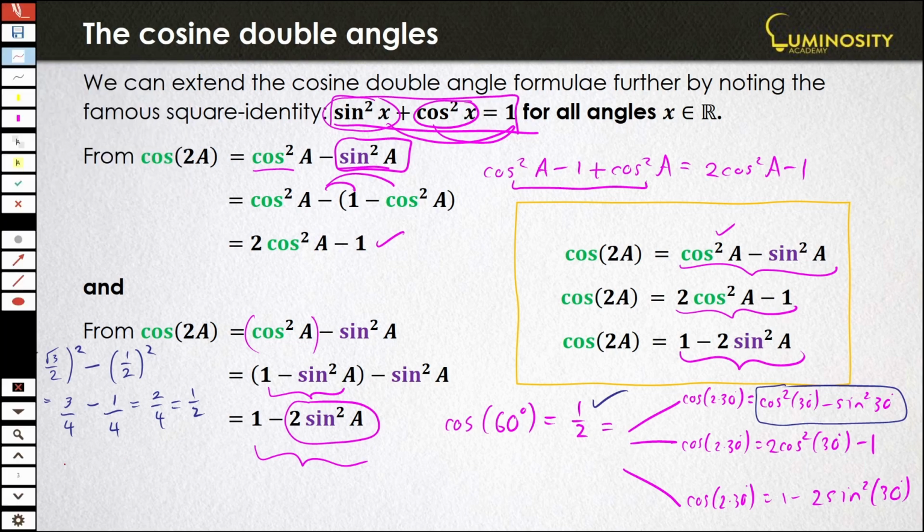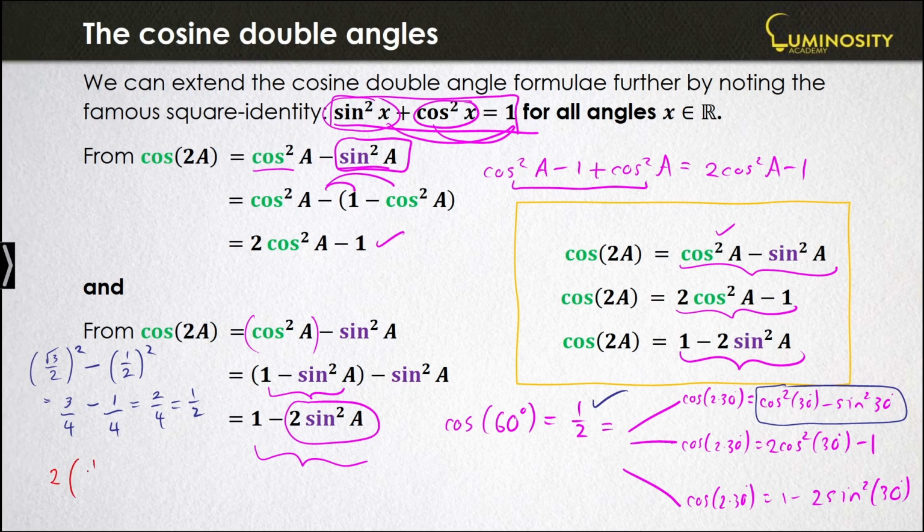What about the second way? The second way says you take 2 times cos of 30 squared, and then you subtract 1. Sorry, cos of 30 is root 3 over 2, not a half. So let's just correct that.